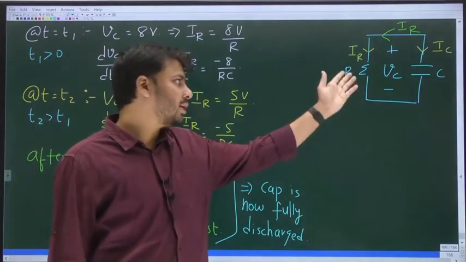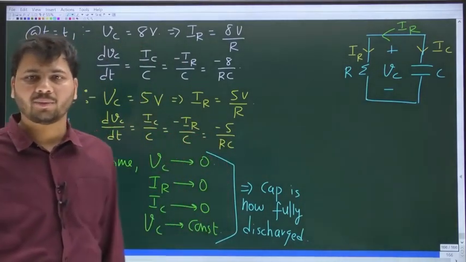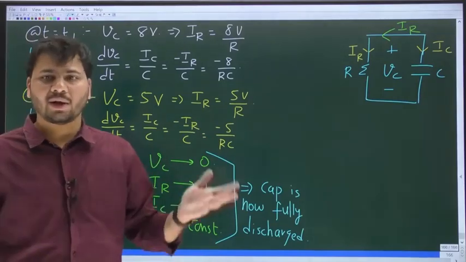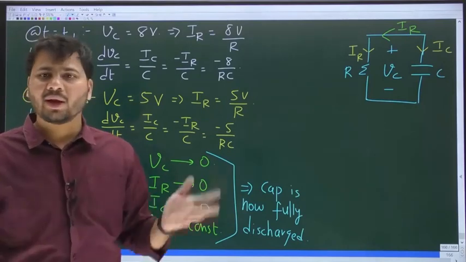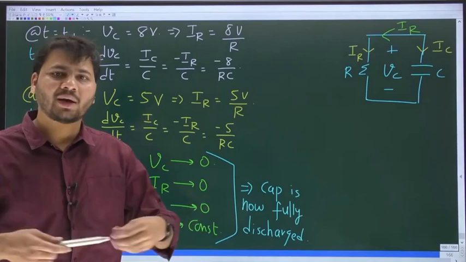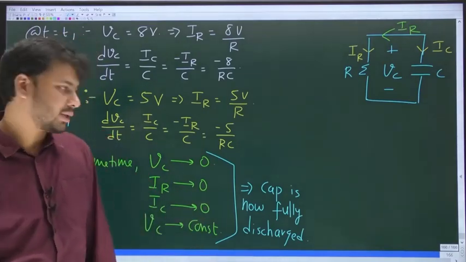Like in this case, this R will completely dissipate the initial energy stored in the capacitor, so that when the circuit reaches steady state, no energy is left in the circuit. Without any energy in the circuit, current cannot flow. All currents will be 0. If all currents are 0, even all voltages must be 0. You understood? Yes.